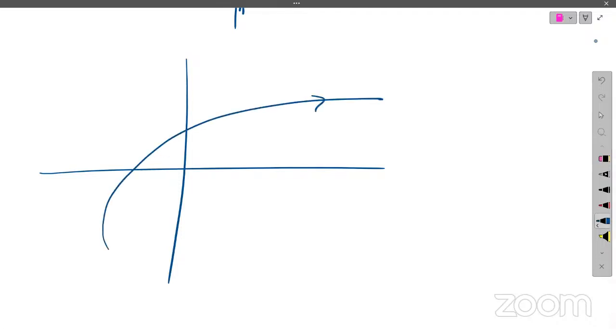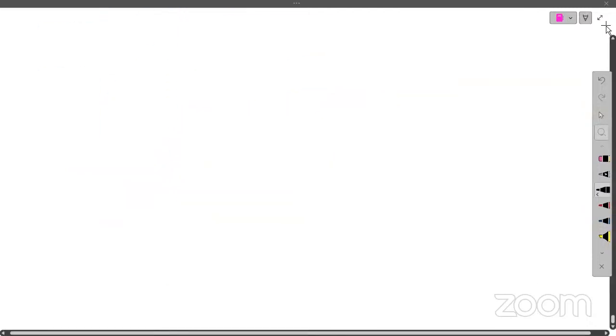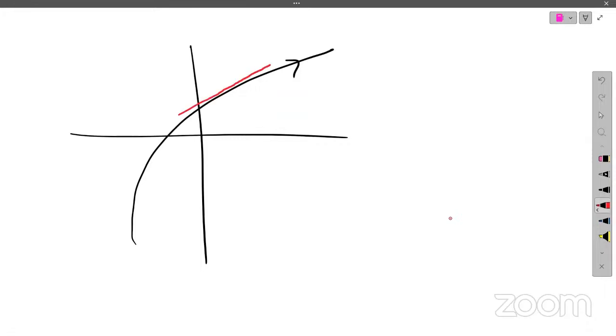No matter horizontal, vertical, or any line, an asymptote is nothing but a line, like a tangent. Suppose I tilt this graph a little bit, and you draw a line like this which seems to be intersecting the graph at infinity. Then this line is also an asymptote. It is not the case that it must always be the y-axis, x-axis, or a horizontal or vertical line. You can take any line which shows such behavior, and it will be an asymptote.